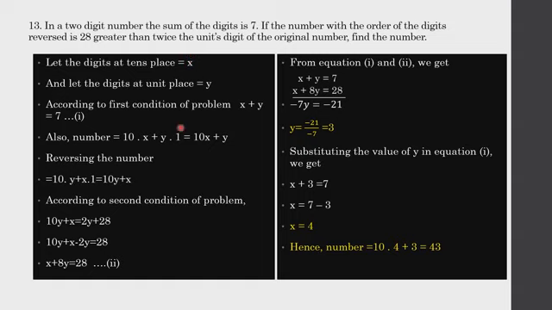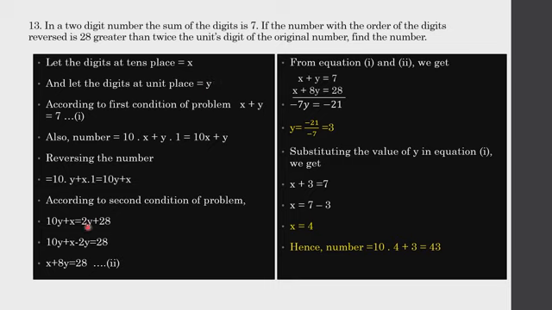Now on reversing the number, what do we get? 10 into y plus x into 1. The reversed number is 28 greater than twice the units digit of the original number. So the reversed number is 10y plus x, and this is equal to twice the units digit. The units digit originally is y.